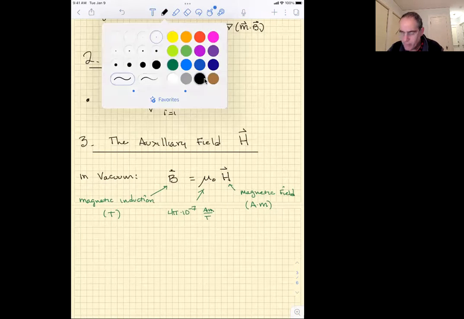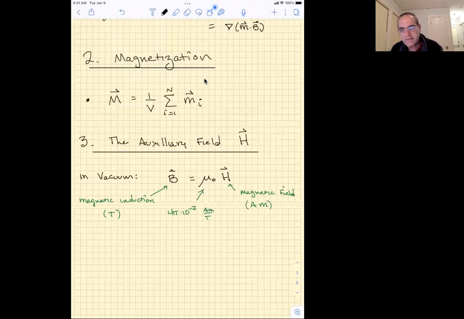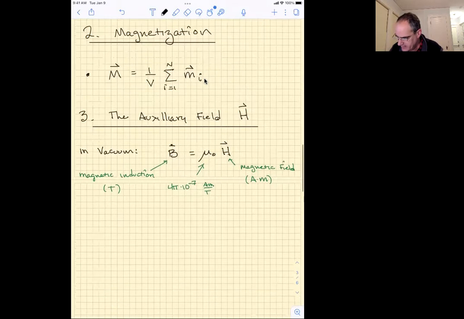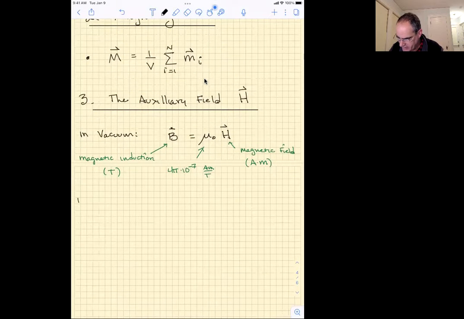Now, if we only worked in the vacuum, there'd be no point to even consider H. What's interesting is the relationship between B and H in materials, magnetized materials. Then B is equal to mu naught times H plus M. Okay? So now we can kind of see how this works.